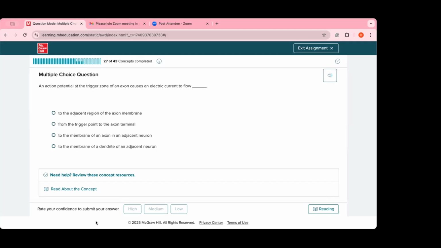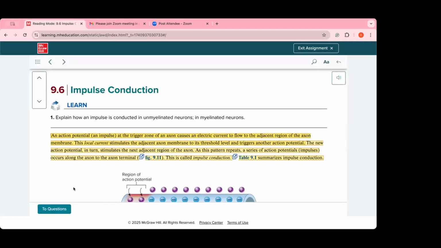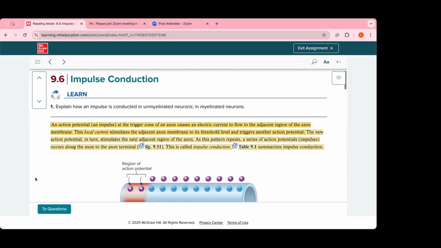Okay, let me see what the answers are. Okay, let's look at it. I think it's the last one, but let's look at the reading. I want to see what it says. Okay, so an action potential causes an electrical current to flow to the adjacent region of the axon membrane.